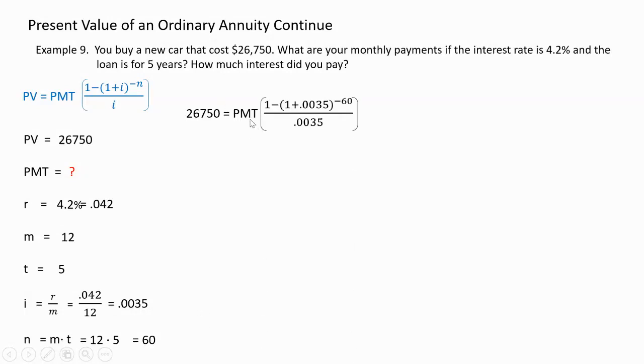But remember, guys, when we're looking for the payment, we're going to use the inverse key. We're going to input the numerator into the calculator just the way it is. So it's 1 minus parentheses 1 plus 0.0035 close parentheses to the power of negative 60.